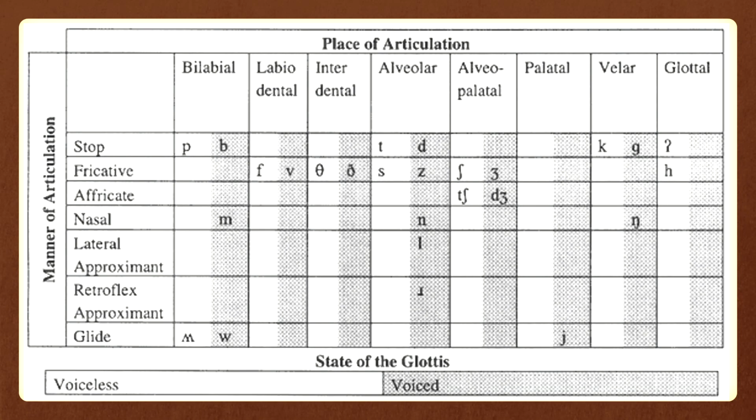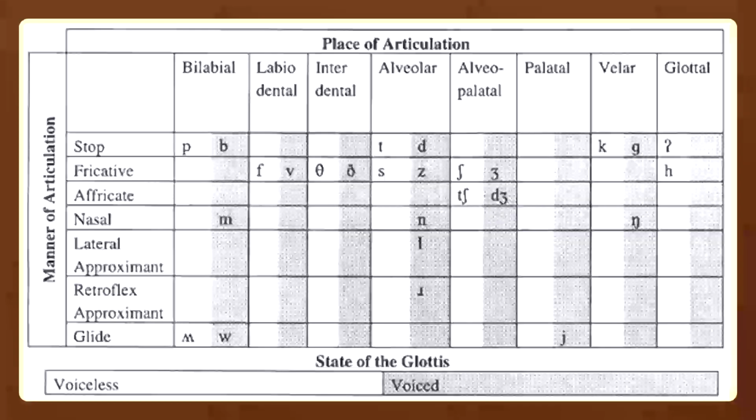Our glides really mimic vowels in a lot of ways. The voiced bilabial w, u, could be construed as a vowel, but again, it does consonant work in the building of words, and so it gets treated as a consonant. The same goes for the y. Now that upside down W, the unvoiced or the voiceless bilabial glide, bears a little mentioning.